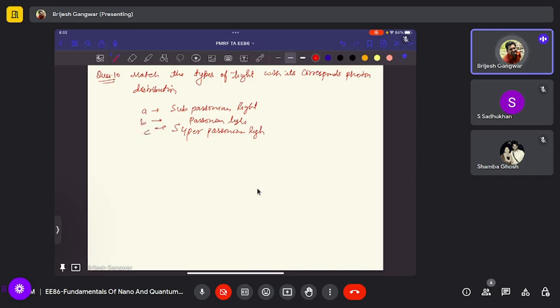This is B, this is C, and here is given the distribution: delta n equal to root n bar, delta n less than root n bar, delta n greater than root n bar.